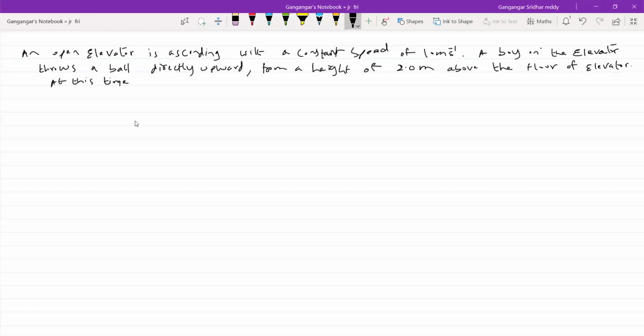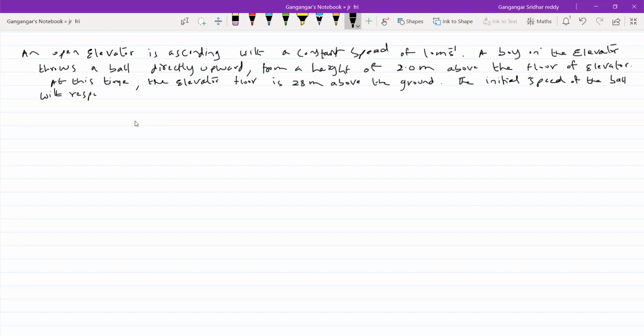At this time, the elevator floor is 28 meters above the ground. The initial speed of the ball with the elevator is 20 meters per second.